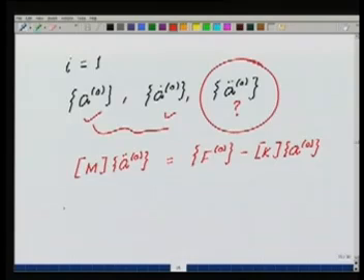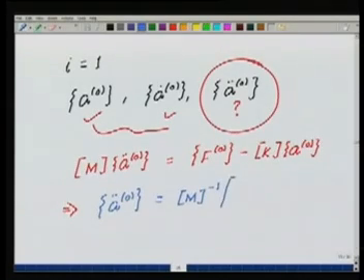Okay, implies a double dot at station 0 is equal to m inverse into f at station 0 minus k into a at station 0.